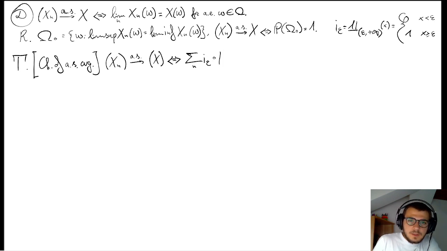So this, applied to the difference Xn minus X, converges. It's finite. Almost surely.